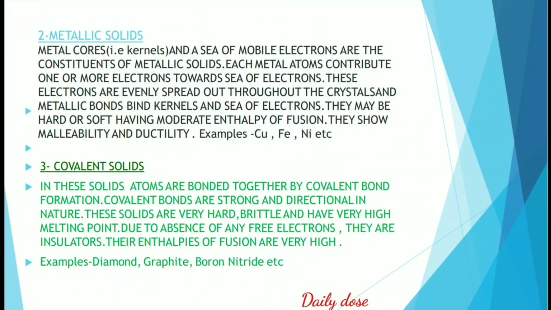You must know an important point, that covalent solids are also called network solids. As such, they have localized electrons, that is, they are shared between the atoms. And unlike ionic solids, they do not dissolve in water, and they are non-conducting in nature. So examples are diamond, graphite, boron nitride.